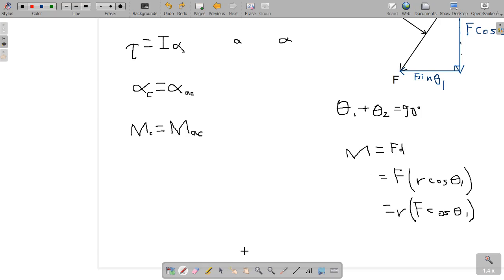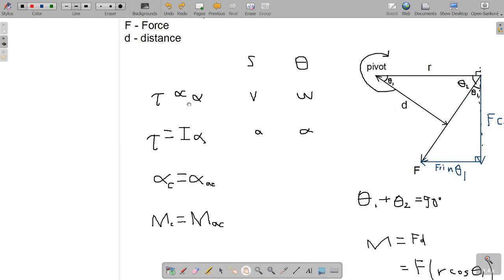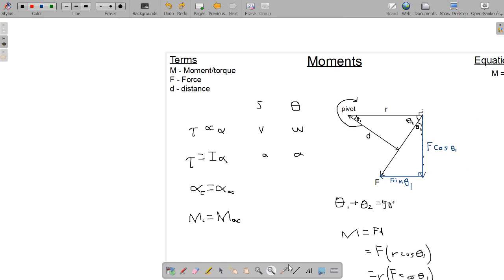I don't exactly have a proof for this because I couldn't find a proof of why this is true. If I could find a proof, then we would be done. But for now, just take it as it is, that this is true.